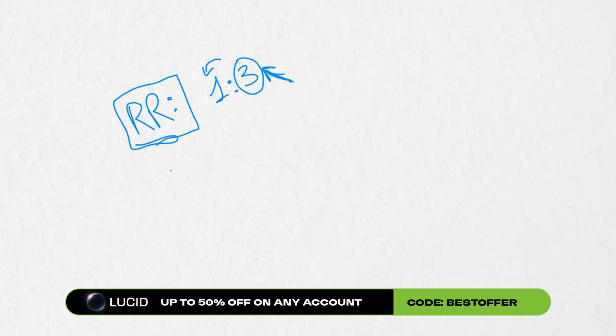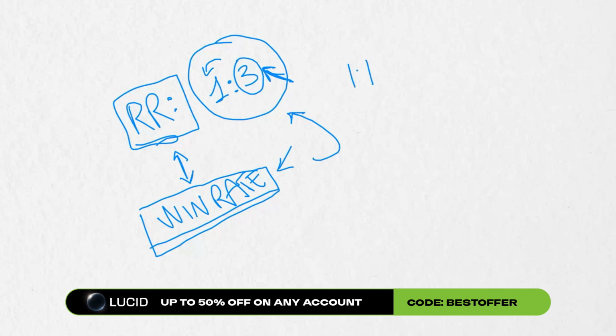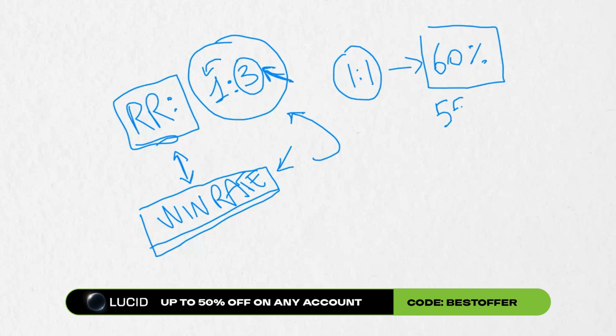The risk reward is strictly correlated with win rate. What nobody says is that having a huge risk reward is pretty difficult, but having a high win rate is much easier. If you have a strong edge, or a good strategy, having a good win rate taking only A plus setups is not that difficult. It's much easier than taking 1 to 3. So the best thing you can do is aim for a 1-to-1 risk reward with a 60% win rate, even 55%.